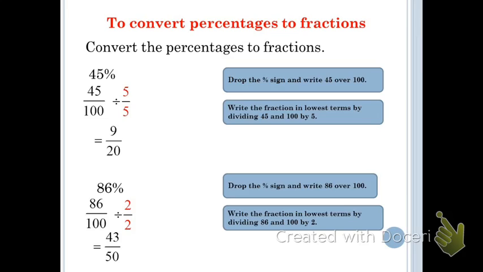Then, write the fraction in lowest terms by dividing 45 and 100 by 5. 45% equals 9/20. In the second example, 86%. Drop the percent sign and write 86 over 100. Write the fraction in lowest terms by dividing 86 and 100 by 2. 86% is equal to 43/50.